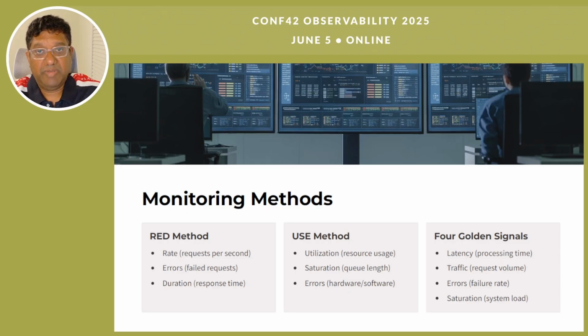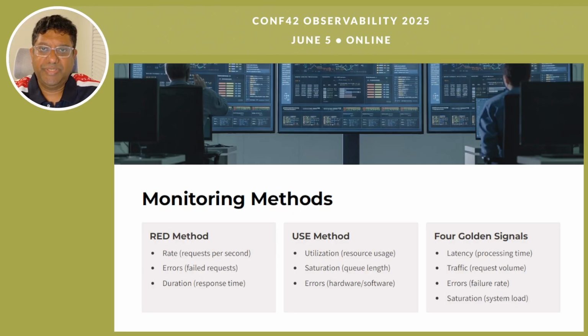Rate is the number of requests coming into the system per second, like requests per second or transactions per second. Errors are the number of failed transactions or requests in our application or system. And duration is the response time, maybe per request or per transaction from our system.